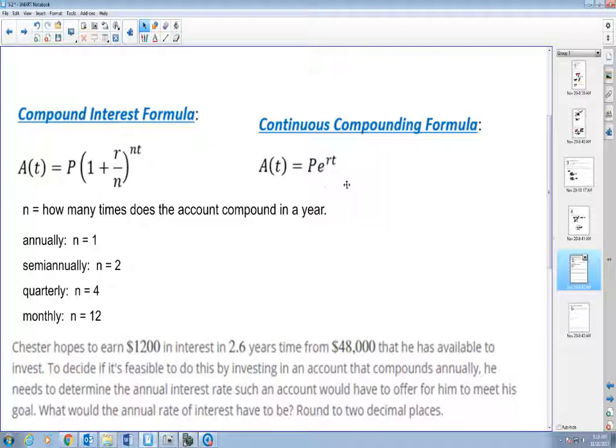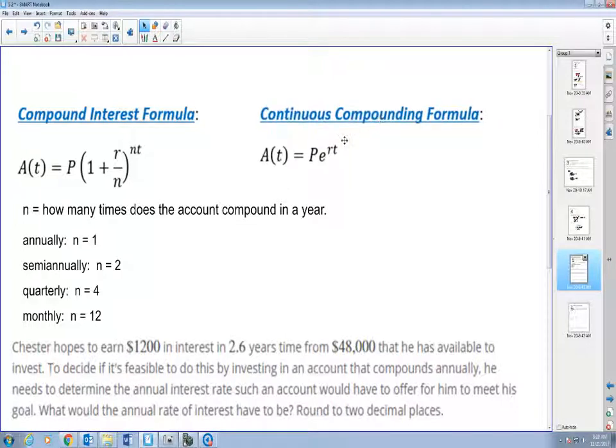The way you derive that when n goes into infinity it becomes e to the rt power is in the textbook. So when we read a problem, you have to know whether the question is asking to compound continuously or just a regular compounding problem. Let's take a look.